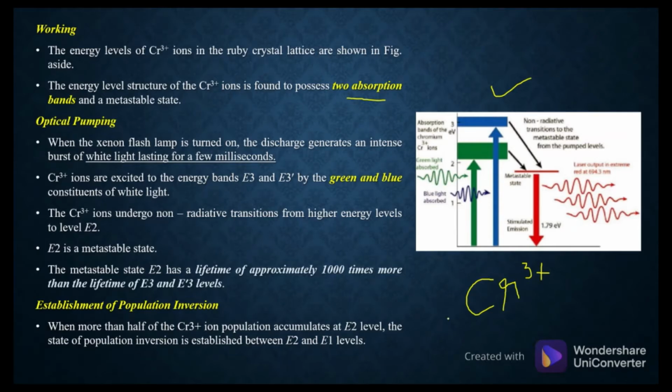When the flash lamp is switched on, the white radiation, consisting of blue photons and green photons, is effectively absorbed by chromium ions, and the atoms of chromium move from the ground state to the excited states, shown through the blue color shaded region and the red color shaded region, which are normally the E3 levels and E3 dash levels of the chromium ions.